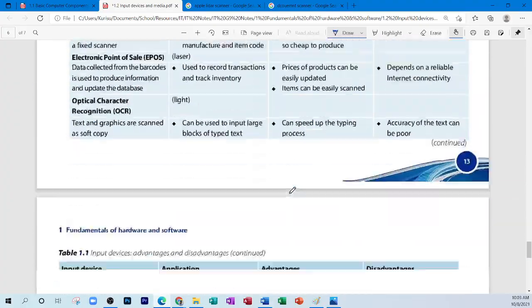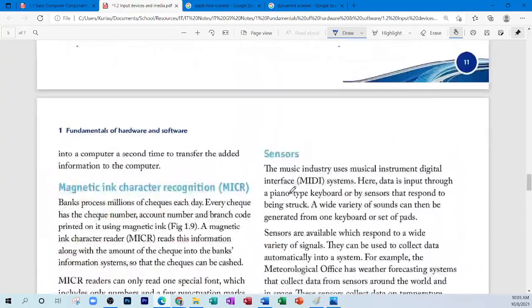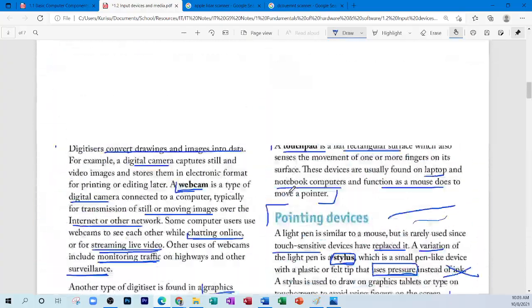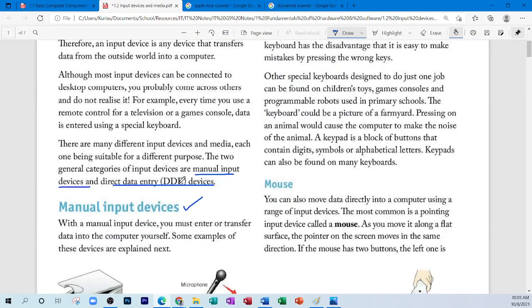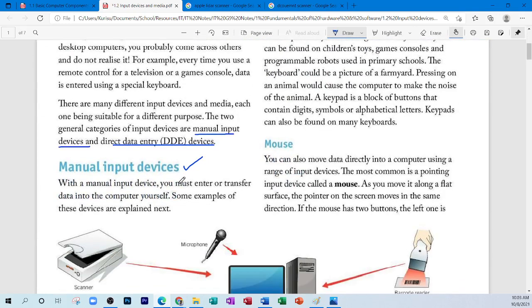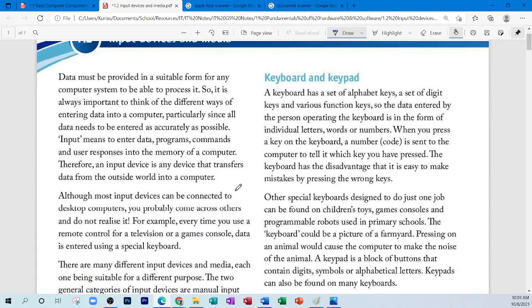All right, so in conclusion of what we looked at today, we basically wrapped up manual input devices. Remember, manual input device, you have to transfer the data yourself. You have to do it manually.